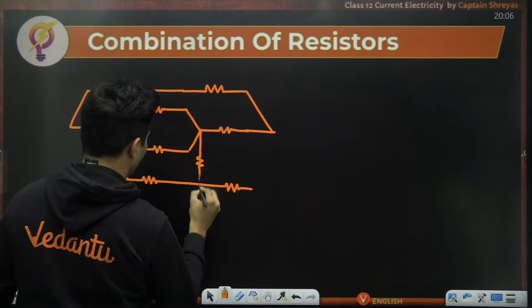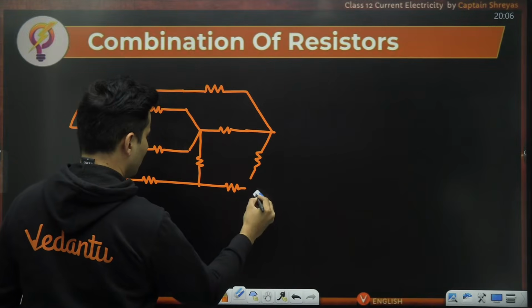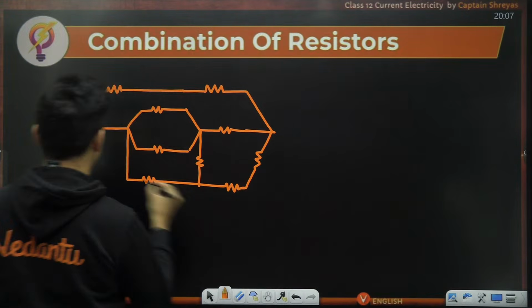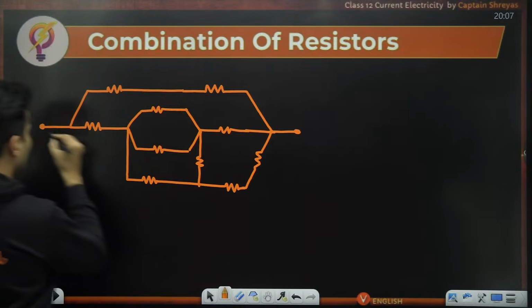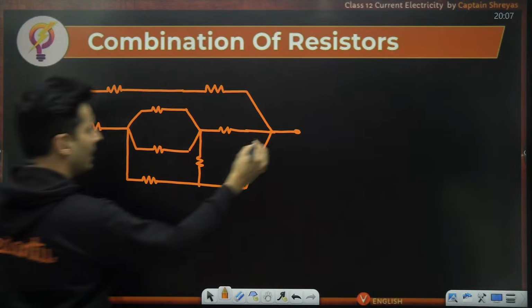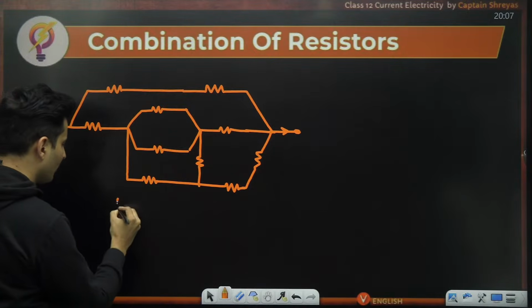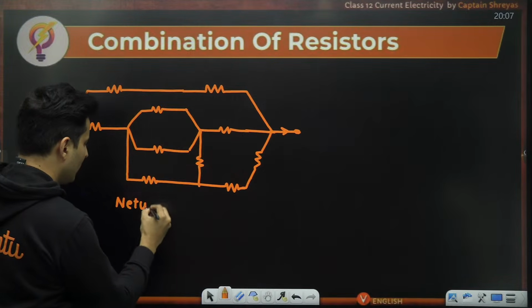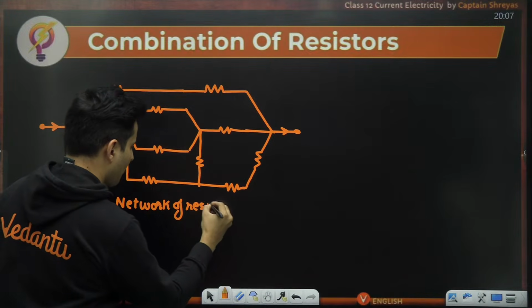Maybe something comes over here, and finally it comes over here. So this could be your circuit, and these are the 2 points from which the current will enter in and exit out. It's some kind of network of resistors.